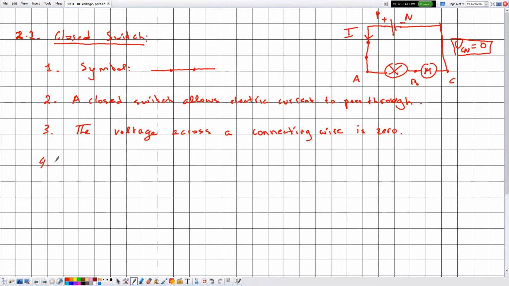Now idea number 4, the voltage across a closed switch is 0 because it acts as a connecting wire.